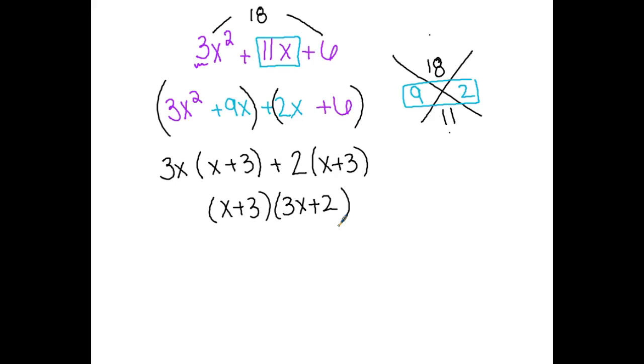Okay, let's look at example 1b. We have 4x squared plus 16x plus 7. Same idea, multiply the 4 and the 7 to get yourself 28.